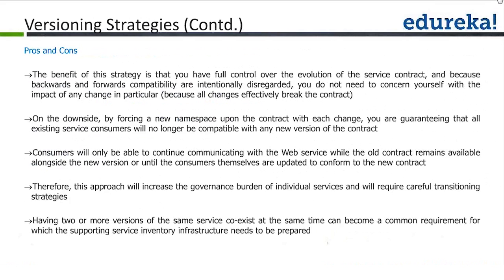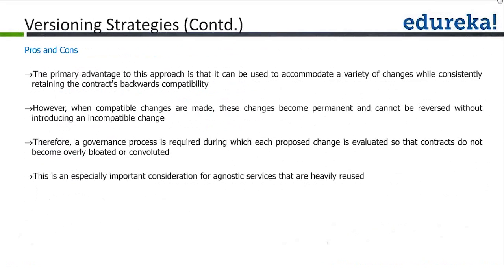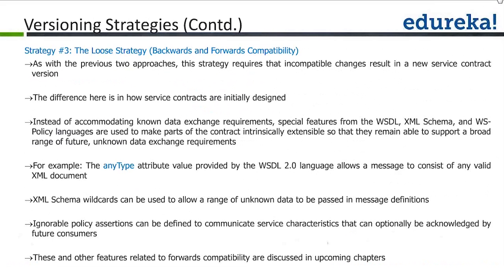So strict would be the most non-acceptable thing, and the best would be the loose because it has forward and backward, and the medium would be the flexible that we saw, right? Because it has the backward but it does not have the forward. So we are discussing the pros and cons for each and everything.